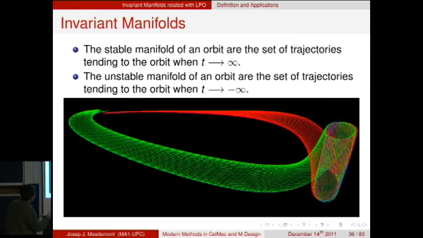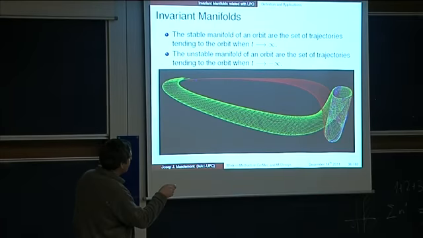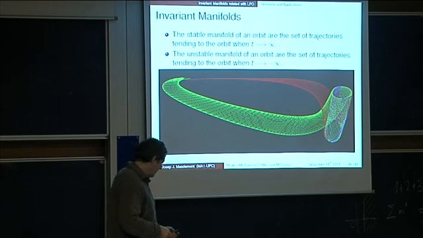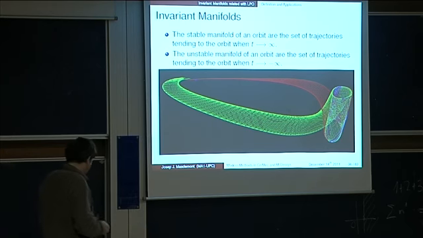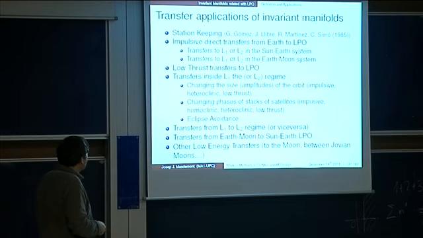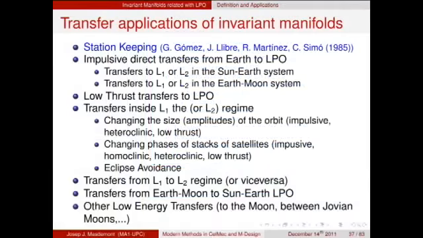We have the set of orbits that tend asymptotically to this Lissajous orbit, and this makes the set of the stable orbits that are in the stable manifold of this Lissajous. In the same way, we have the unstable orbits that depart from this cylinder. Of course, these orbits can be used for transfer applications.